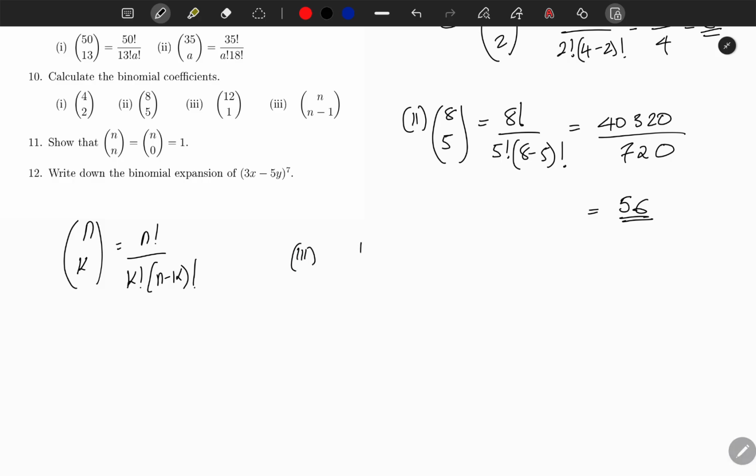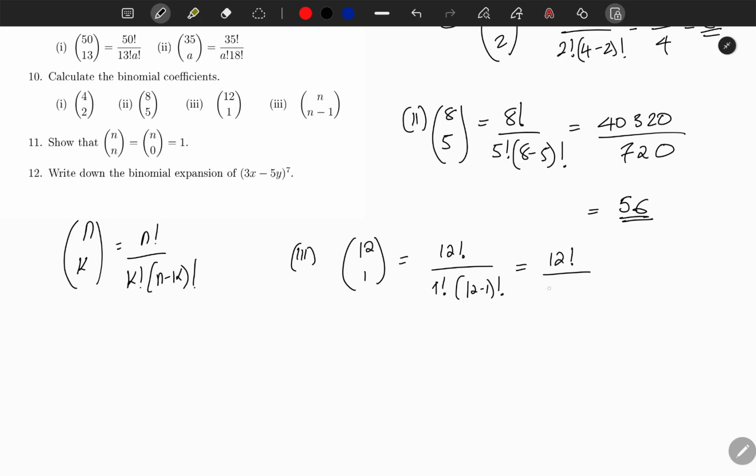Number 3 is 12, 1. So this can be written as 12 factorial over 1 factorial, and we're going 12 minus 1 factorial. The only thing here is to do the 12 factorial. Now, I don't want to bother with a lot of stuff here.